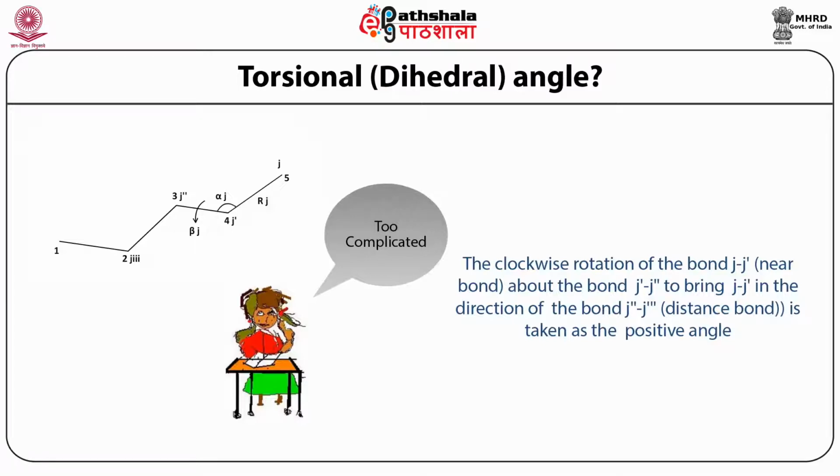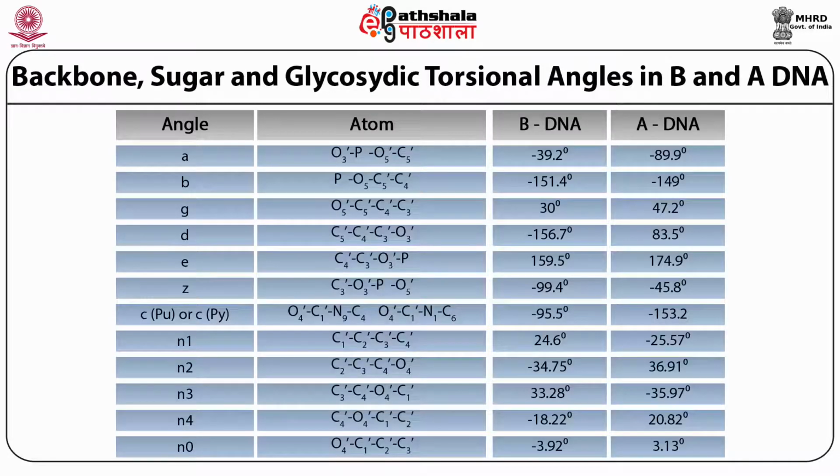We take it as a positive dihedral or torsional angle. We define in this the backbone, sugar and glycosidic torsional angles for B and A form of DNA. We have also given their values for B form and A form of DNA, and you can notice the similarities as well as differences in these values.